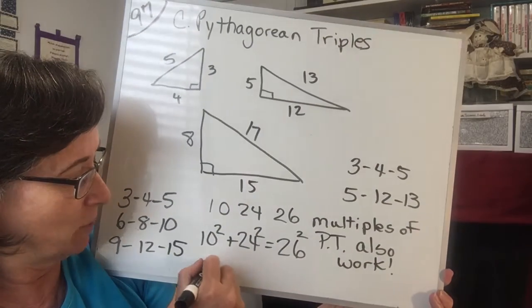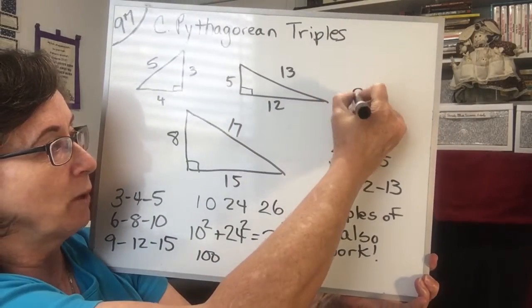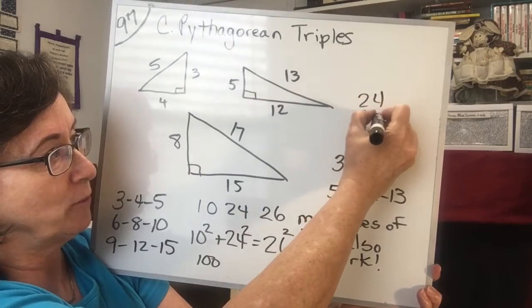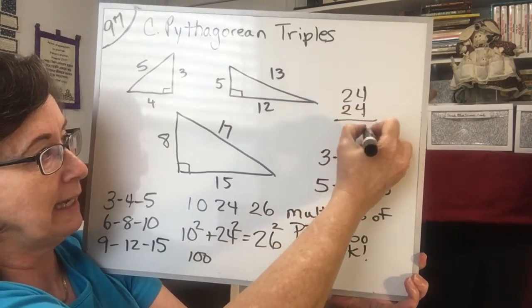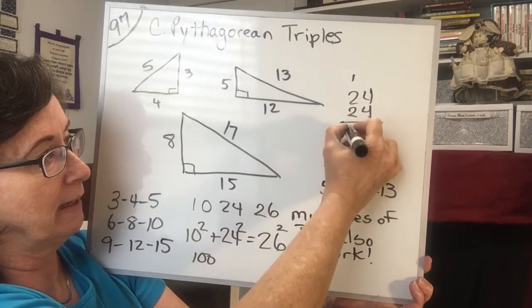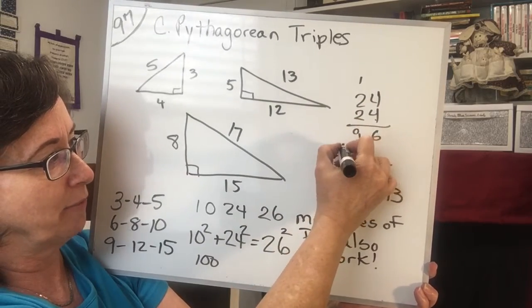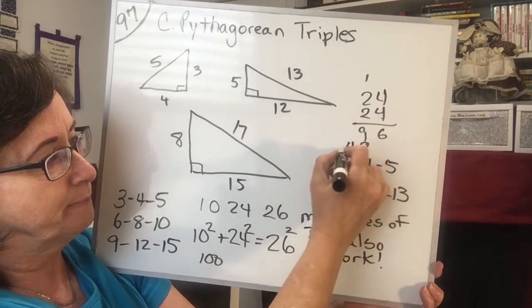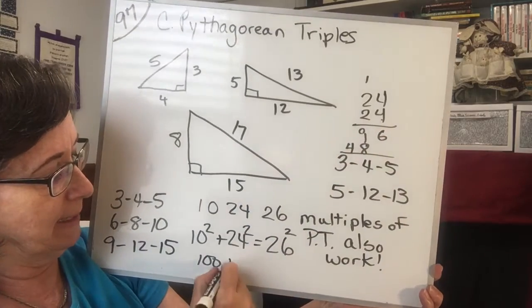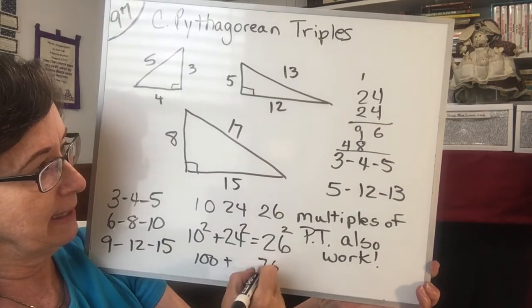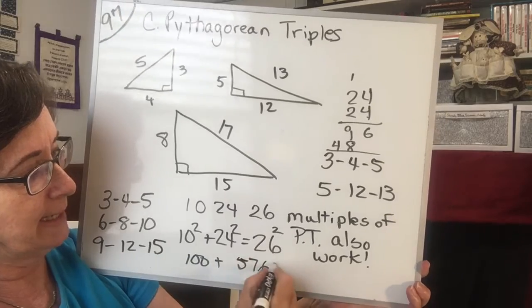So 10 squared is 100. 24 times 24 is 576, and 100 plus 576 gives us 676.